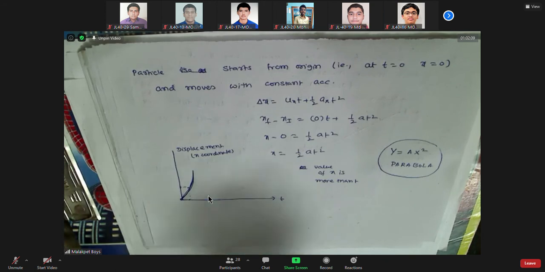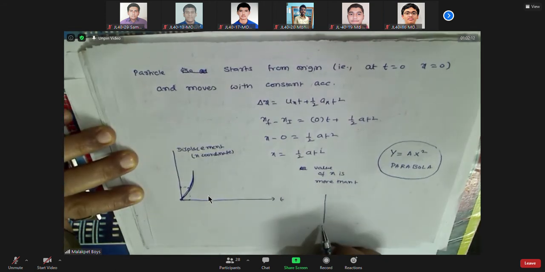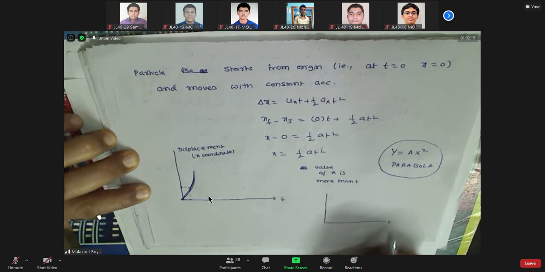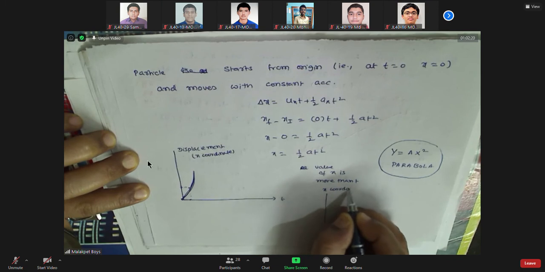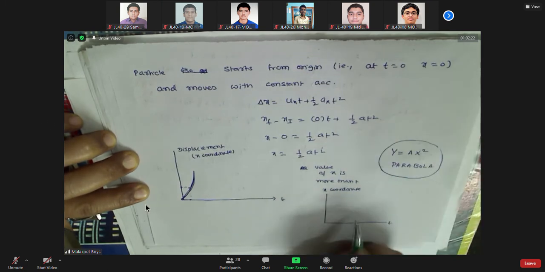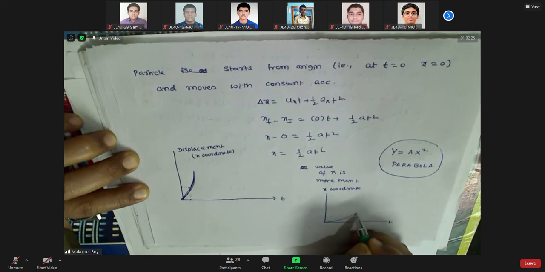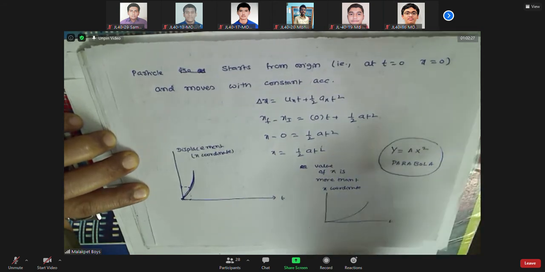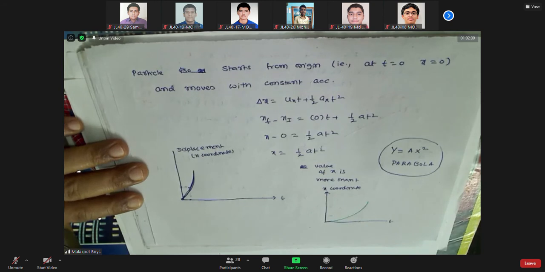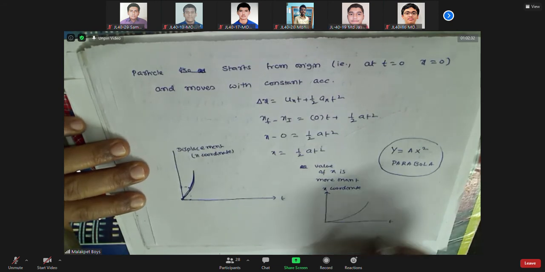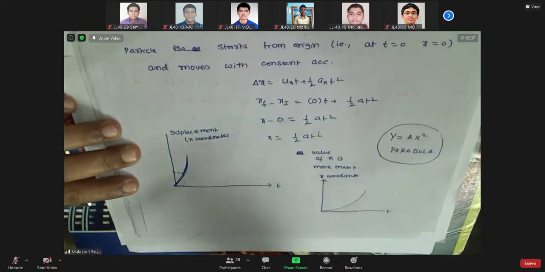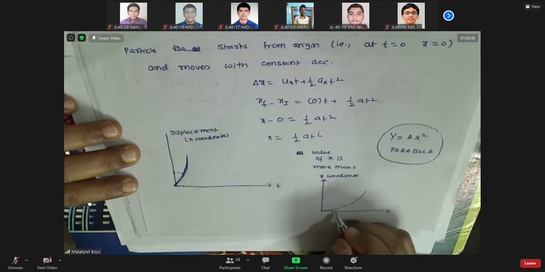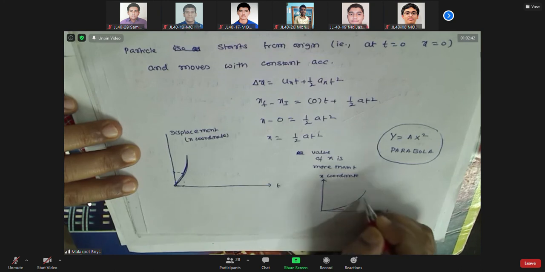Now you can see the same graph, drawn once again for clarity's sake. So you will have a graph like this. Now what is happening to the slope? Go on drawing the tangents. Is the angle increasing or decreasing? Increasing.